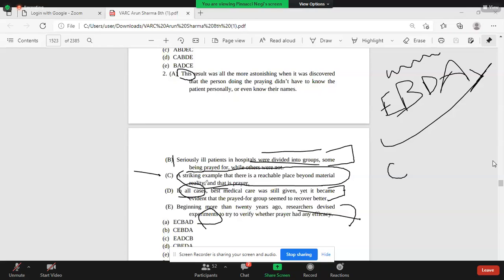So this example, students, please pay attention, is not an example of something said before. If you read all the answer options, whose example is this? This is a general statement which is telling you that something is an example of something in general, and that is prayer. So it would come right here, because there is no other place for it. So that will take you to C as the opening sentence.